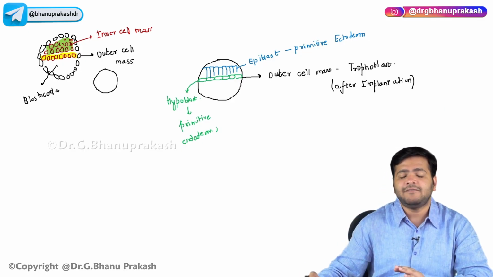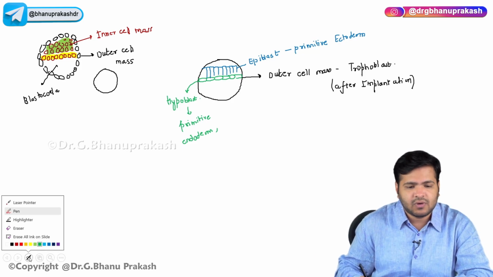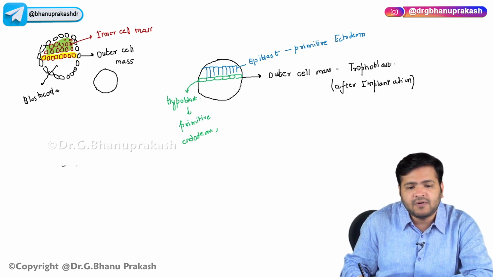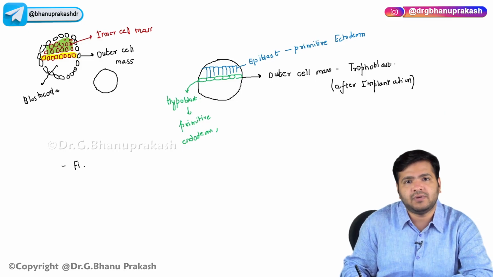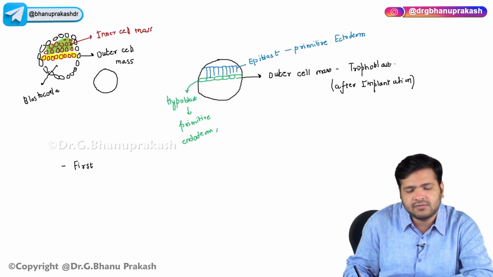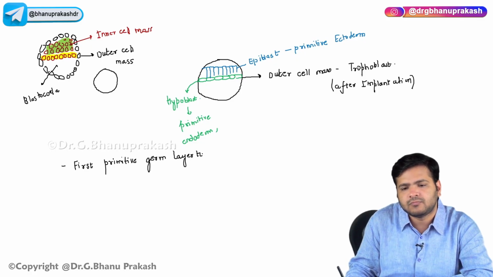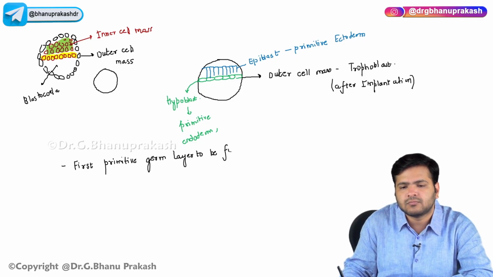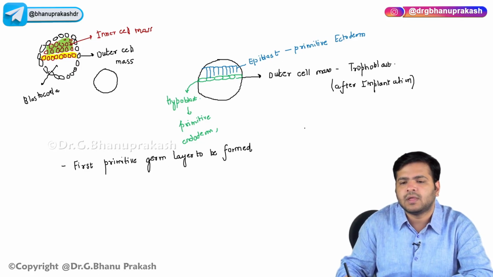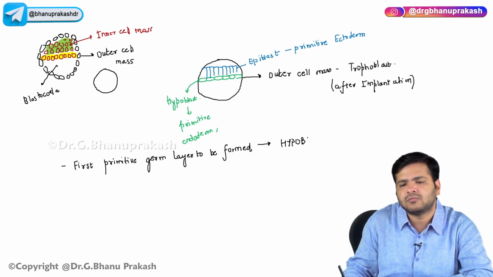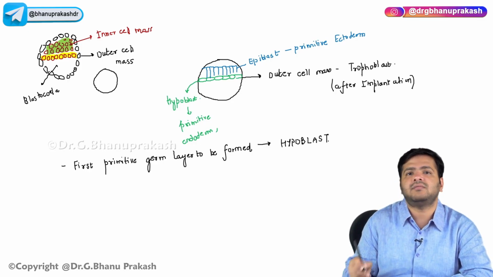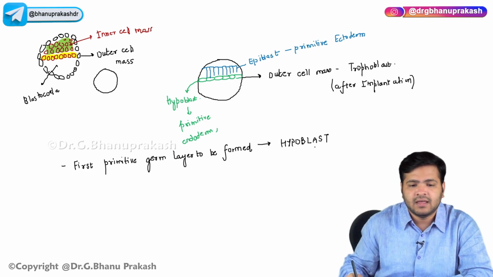Now there are two questions that you have to remember over here. If I ask you the first primitive germ layer to be formed, that is called the hypoblast, right.